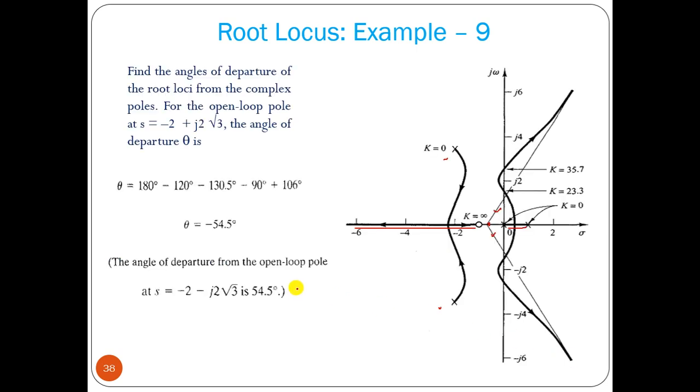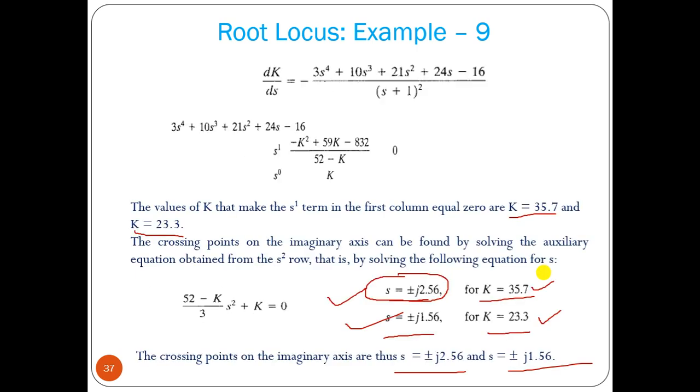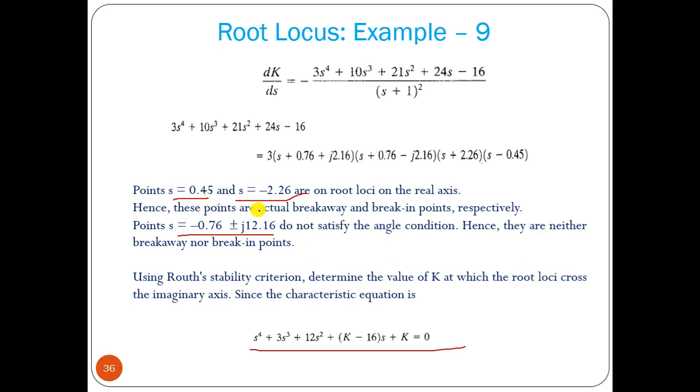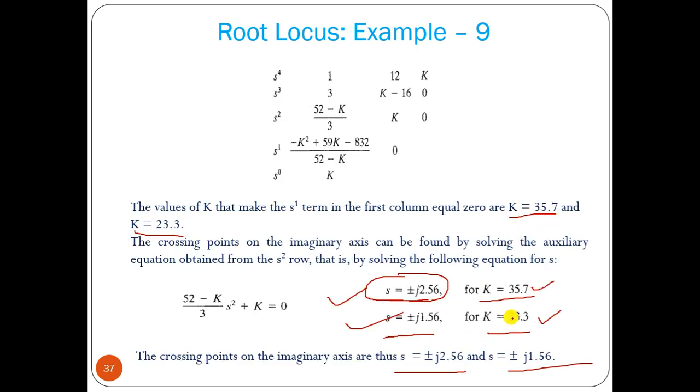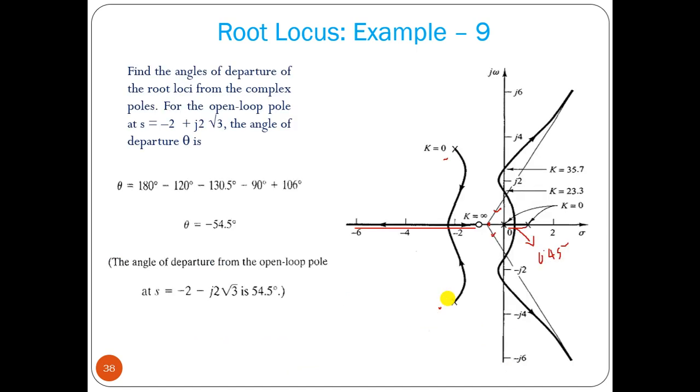Now we can see here at this particular point, when K equal to 0 at this pole, this is your breakaway point, which is plus 0.45. Here 0.45, it breaks, and then it should cut at 1.56 and 2.56.